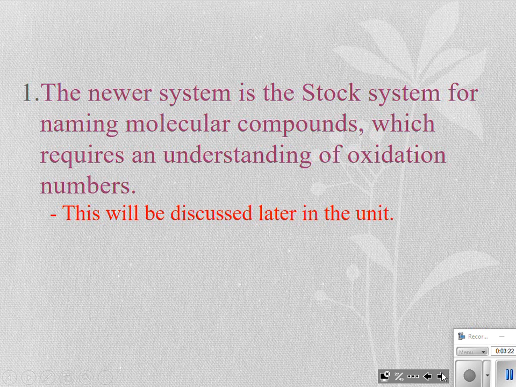We have to have an understanding of oxidation numbers in order to do this stock system of naming binary molecular compounds. So I believe in a couple of days we are going to be dealing with oxidation numbers. So about mid to the end of the week we'll be dealing with this system of naming.